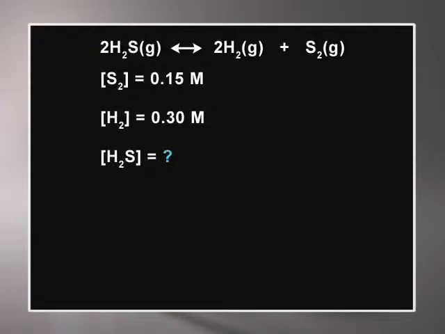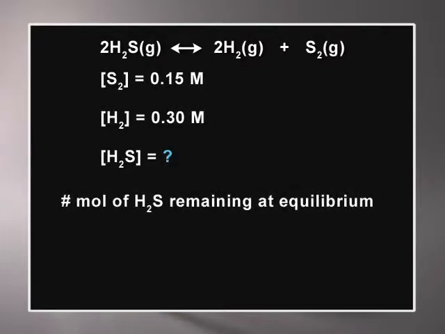But the number that has to be plugged into the equilibrium expression is not the amount that decomposed, but the amount that was left at equilibrium, the equilibrium concentration. So how much H2S is going to be left at equilibrium? Well, I put 1 mole into the container initially, and I just used up 0.3 of a mole, according to my calculations.